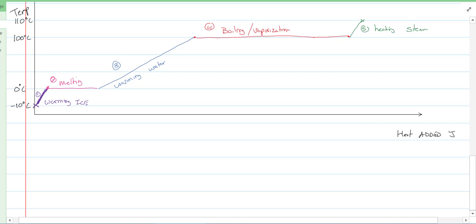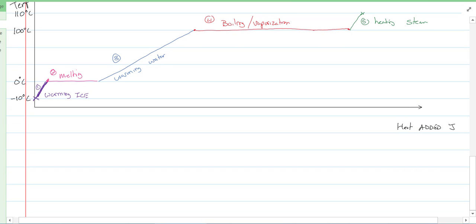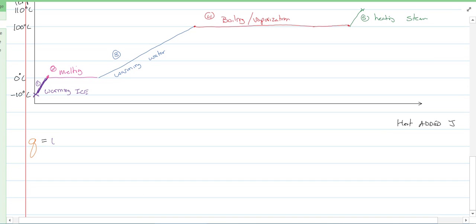So it's cumulative. If we look at our overall heat, Q will be equal to all of our steps, which would be warming the ice, and each Q is added, right? They're all Q equals something, right? Q equals MC delta T, or Q equals delta H times the mass.